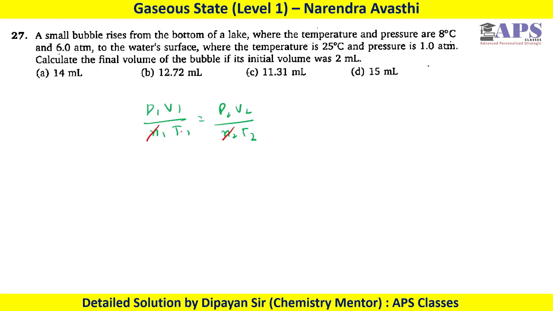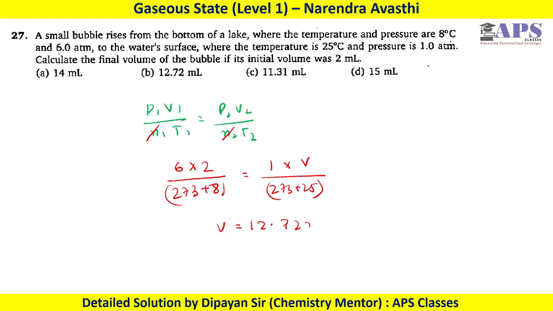So now we can use the given values: 6 atm pressure, 2 ml of volume, and temperature 8 degrees centigrade, that is 273 plus 8, and we have to find the final volume, where at the surface the pressure is 1 atm and the temperature is 25 degrees centigrade. If you calculate, the volume will become 12.72 ml, so option B will be the correct option.